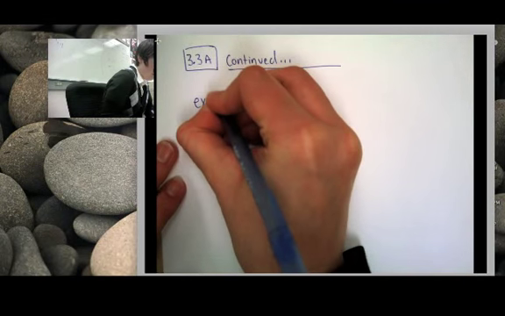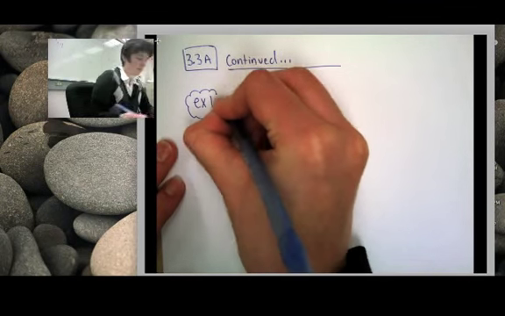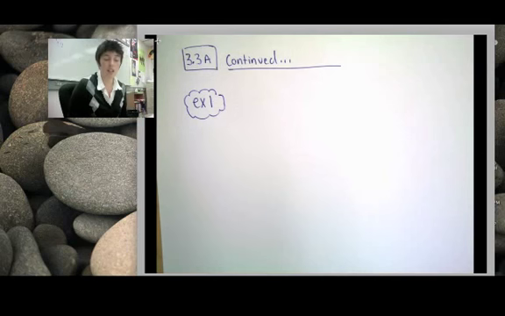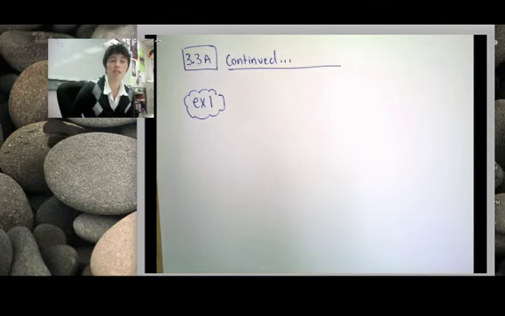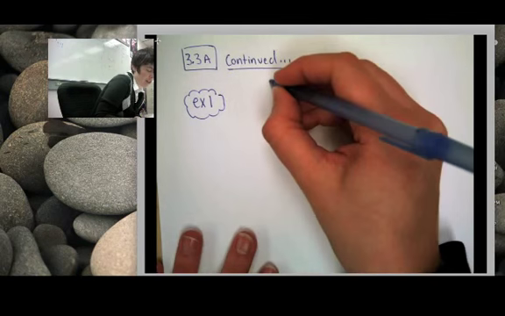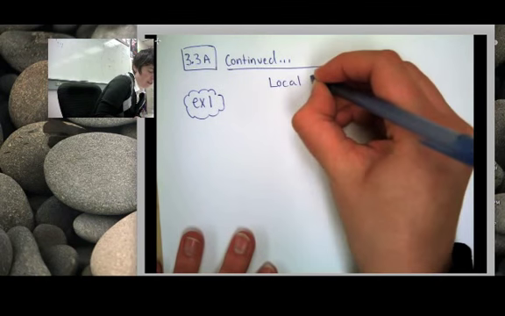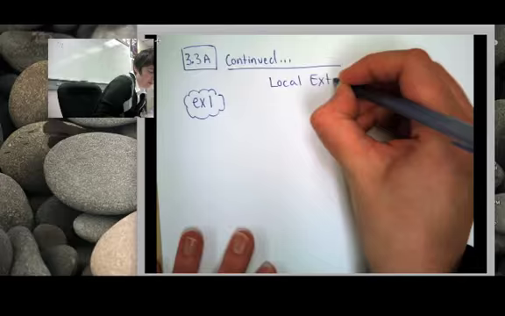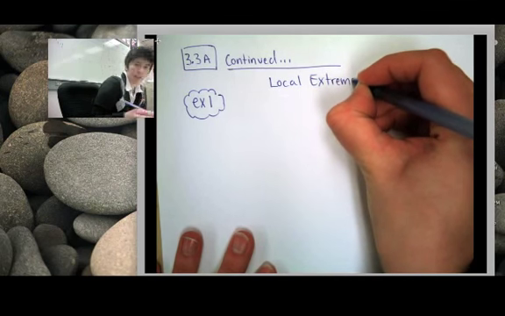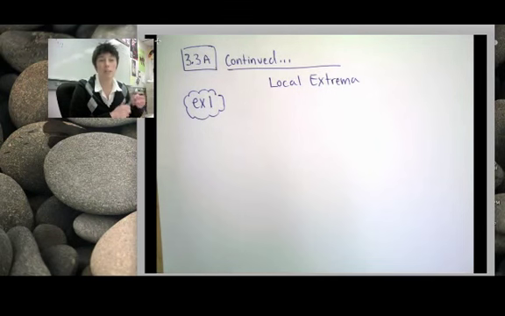Example 1. The newest thing that we're working on is we're trying to find local extrema. So I'm going to write that down here, local extrema. That means max, mins, and terrace points for an entire graph.